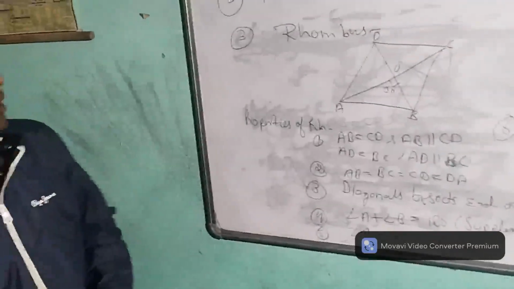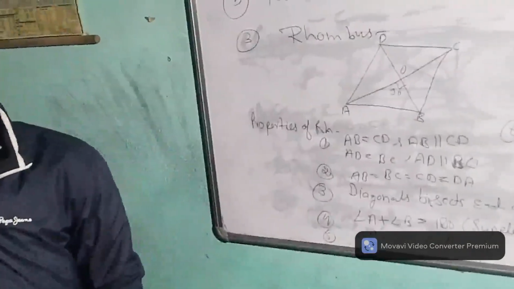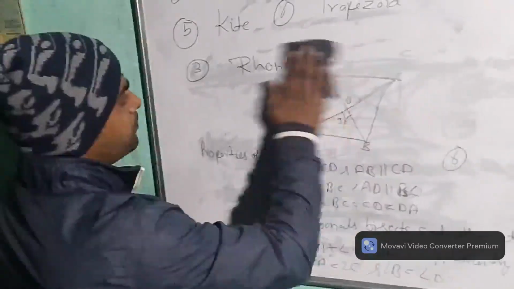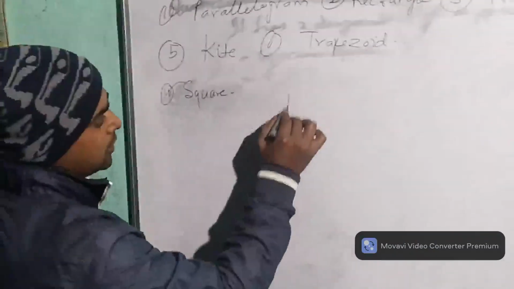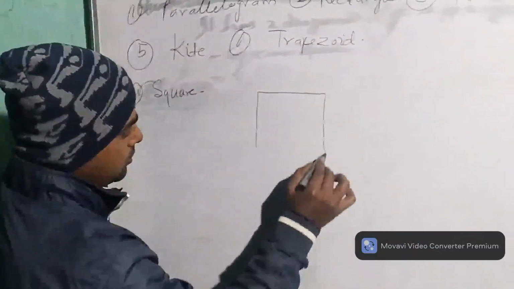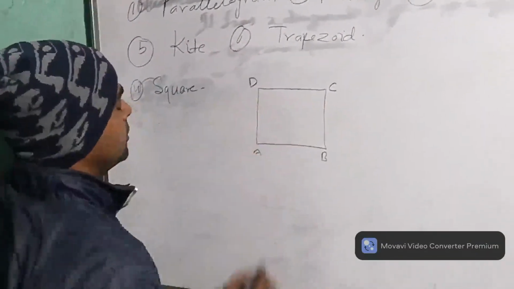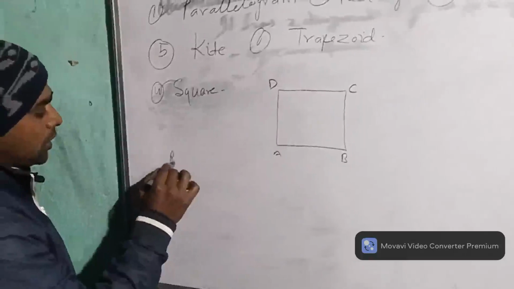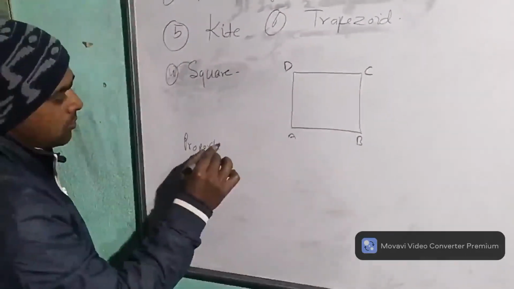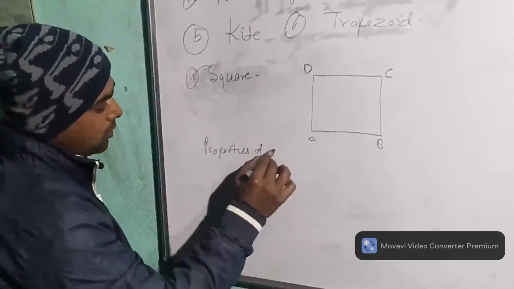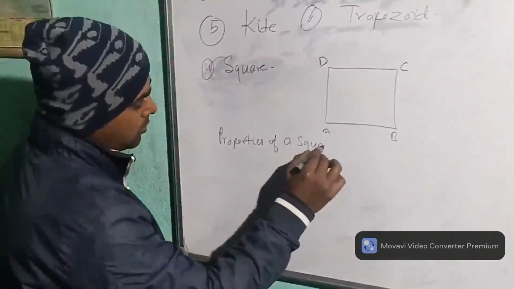And now we have to go to the properties of square. This is the square ABCD. Properties of square.